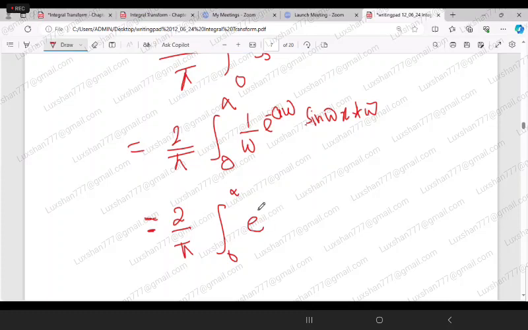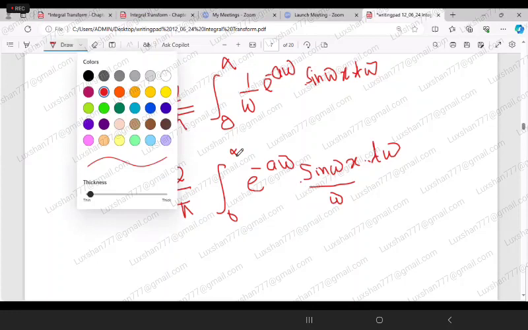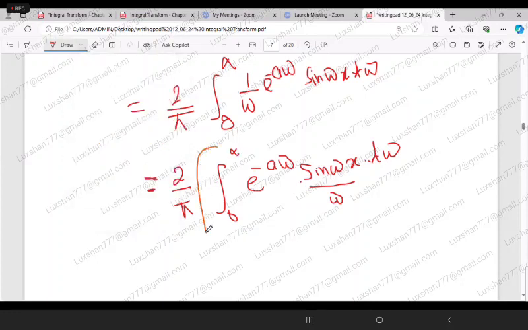E to the power minus a omega sine omega x into d omega over omega. So can you tell me what is this? Can anybody tell me what is this?